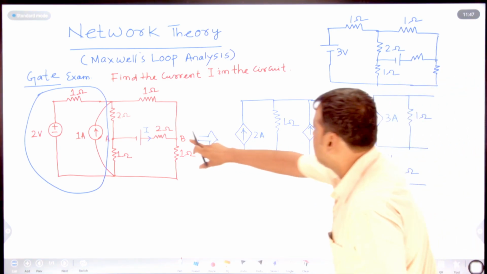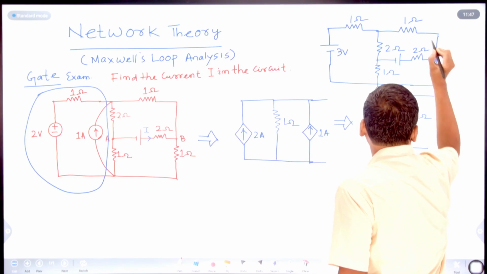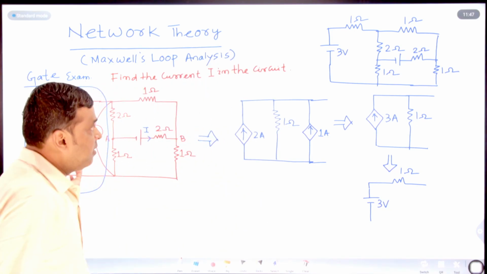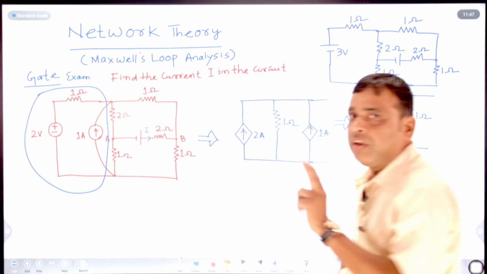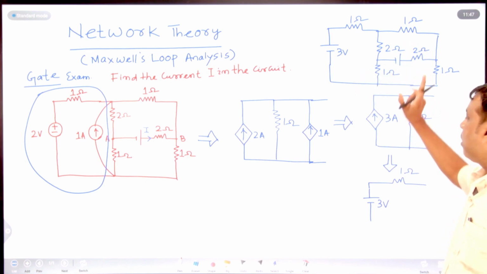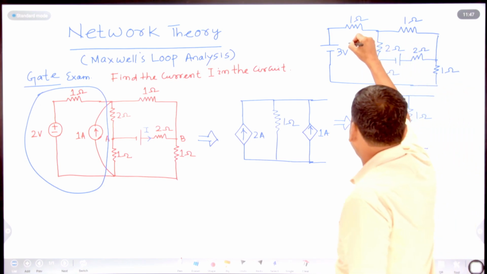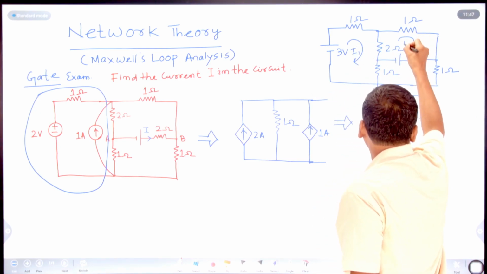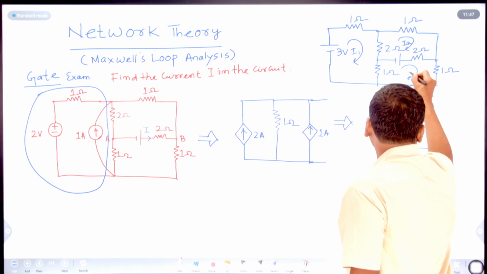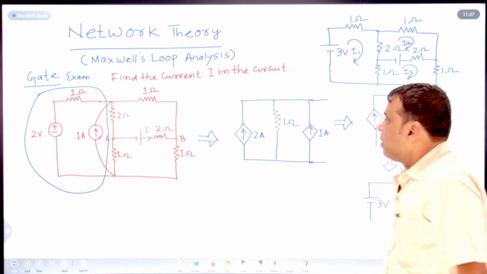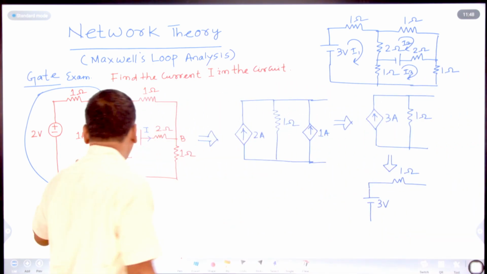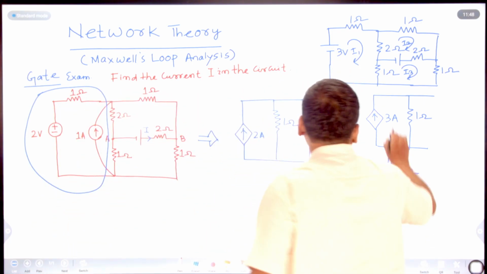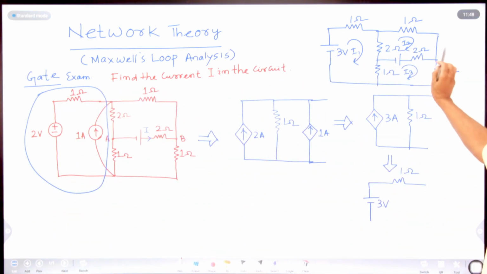Here that is your 2 ohm, your 1 ohm. The circuit can be changed into this one, and you will find 3 loops, loop 1, loop 2 and loop 3. Here the current through loop 1 is I1, this is your I2 and this is your I3. If the current source is like this, you can modify the circuit into this one, and you will find again 3 loops.